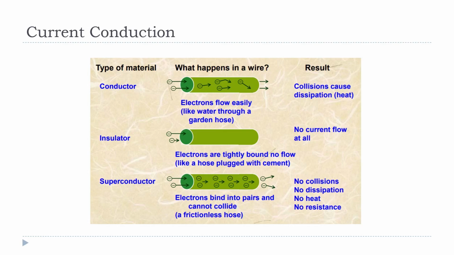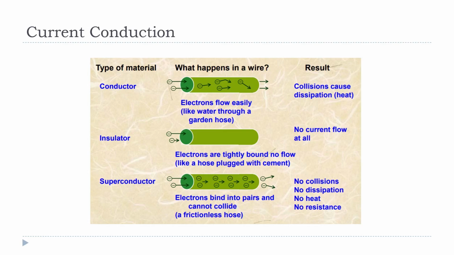Even though they are flowing easily, they can happen to collide with the lattice ions or with each other, and this collision will lead to heat produced in that material. Now, in the case of insulators, there is no surplus of electrons, and hence the electrons are tightly bound and cannot move about. Hence, there will not be any current in it.